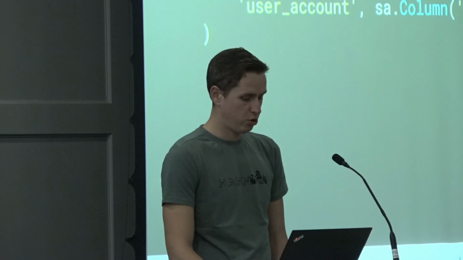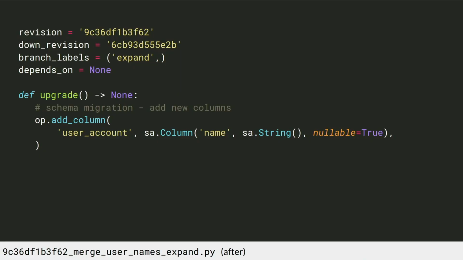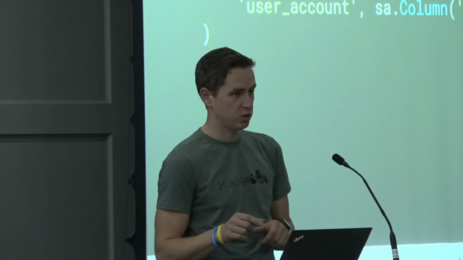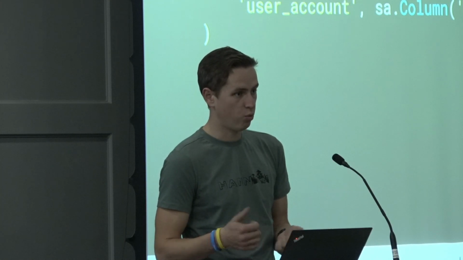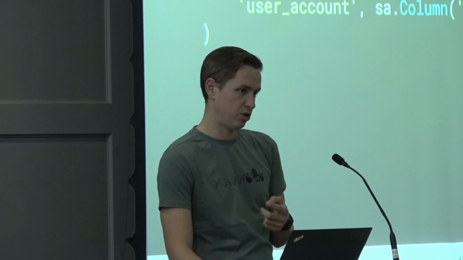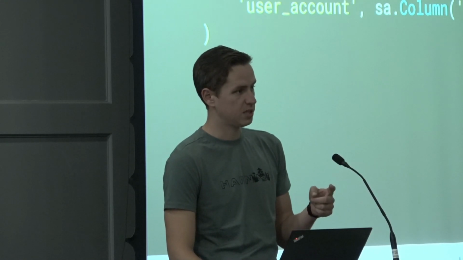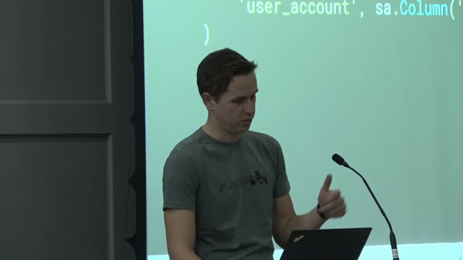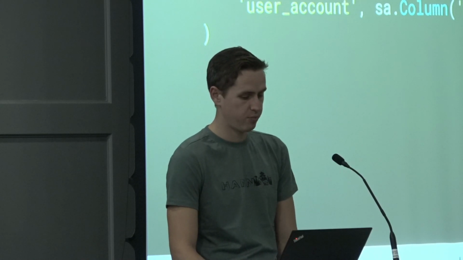What we can actually do with this is we can use branch labels to label our initial branch, or our initial, we'll say, expand branch. And what we'll end up with is 2 separate branches, one the expand and one contract. So every time you upgrade your application, you'll have the ability to go and apply all of the expand migrations up to the latest, or using, we'll say, a lower version if you want to do it step by step.